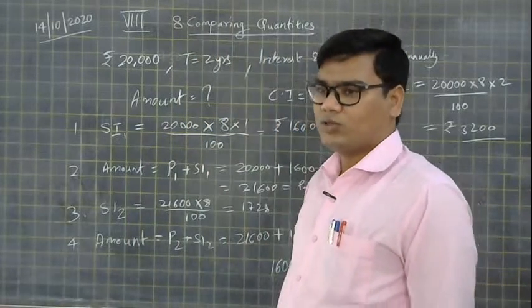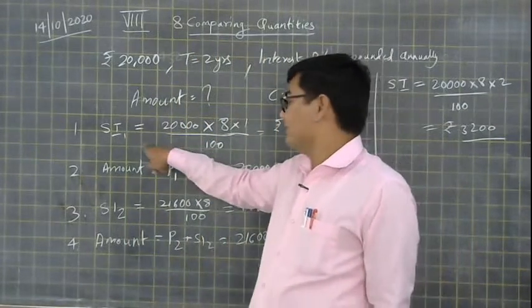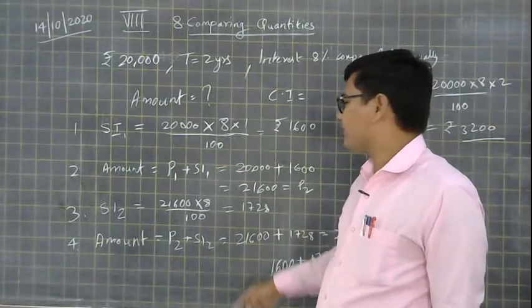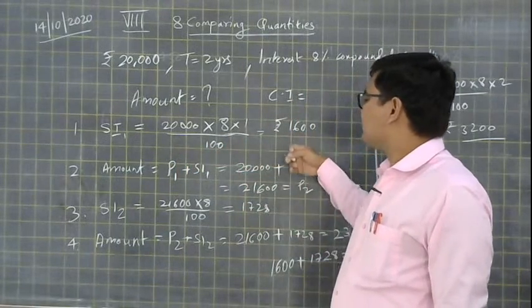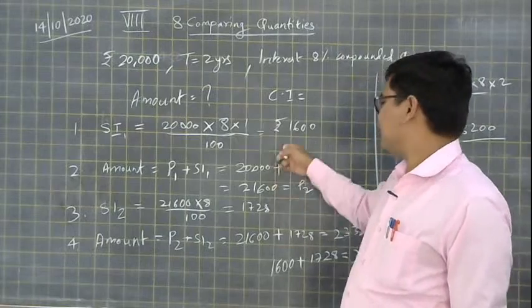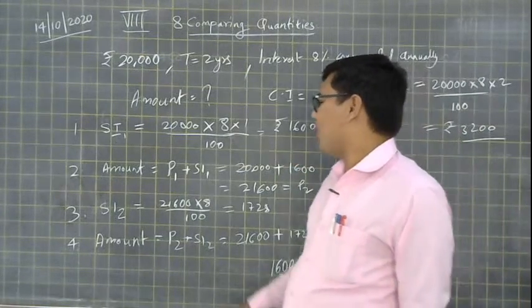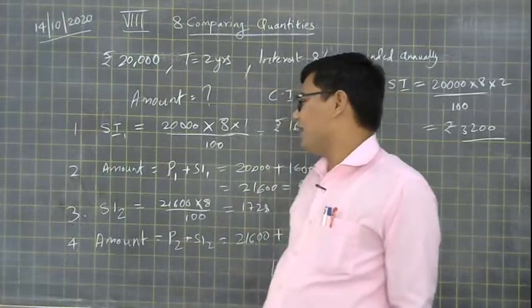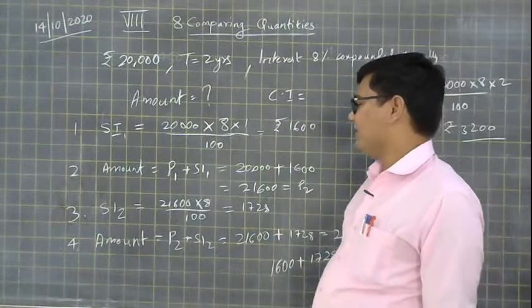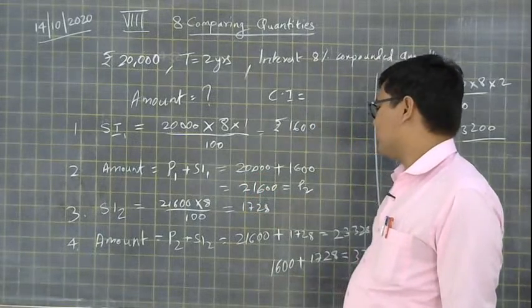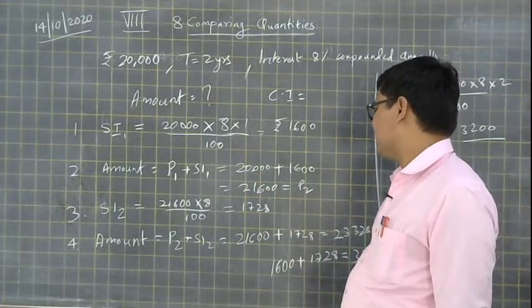Okay, so the simple interest is PRT upon 100. So the simple interest for the first year is 1600. So the amount to be paid or received after 1 year is P1 plus SI1. P1 is 20,000 and SI1 is 1600.